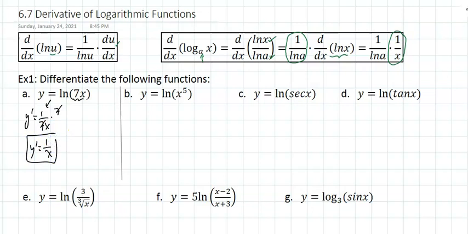That's one way. Another way of doing this same problem, you could say this is natural log of 7 minus natural log of x. When you take a derivative, that's a 0 minus the derivative of a natural log of an argument is 1 over the argument, and there it is.